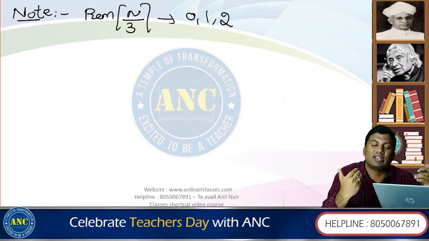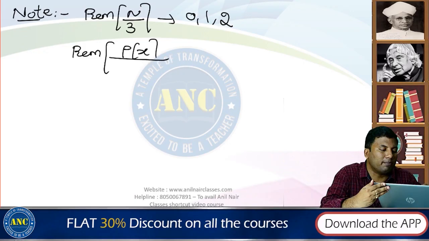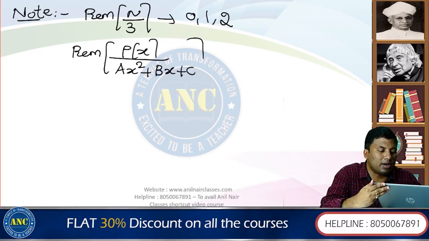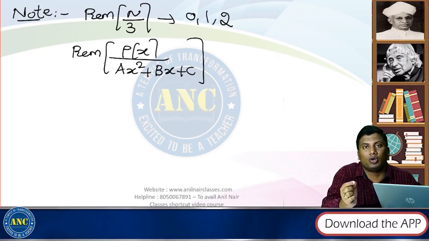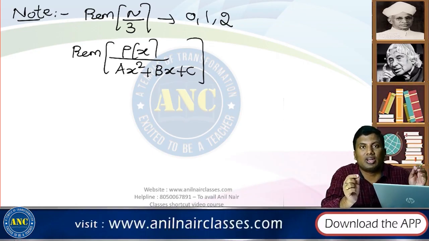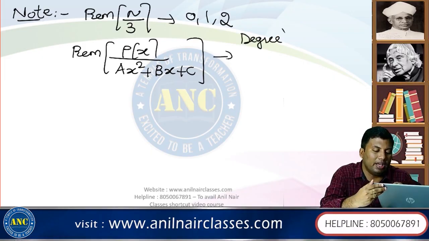I will replace a number with a polynomial function. If a polynomial function is divided by a quadratic expression of the form ax square plus bx plus c, the answer will be either degree 0 or degree 1.